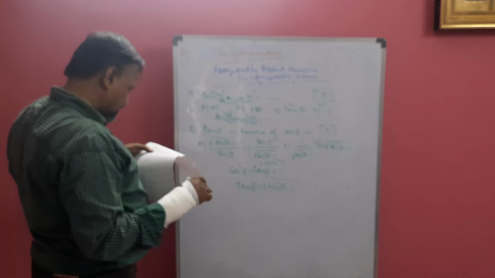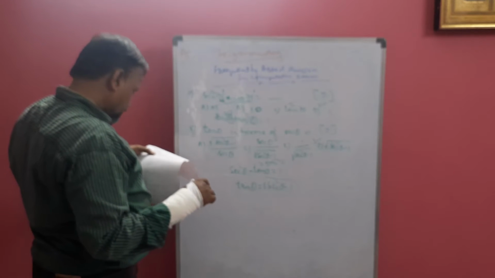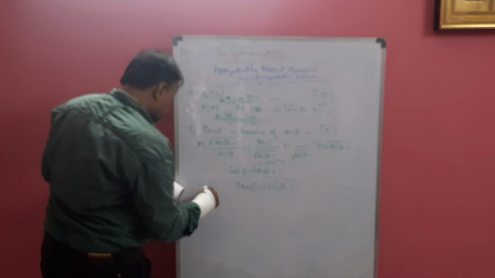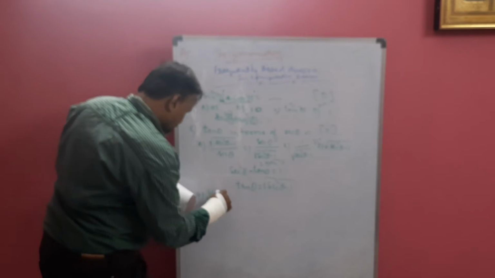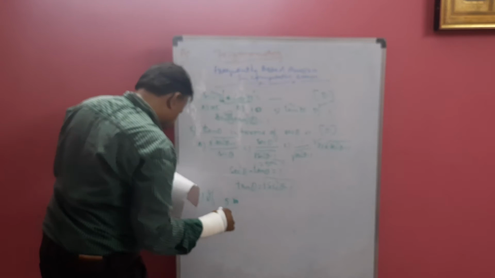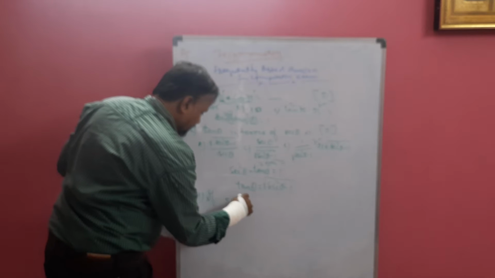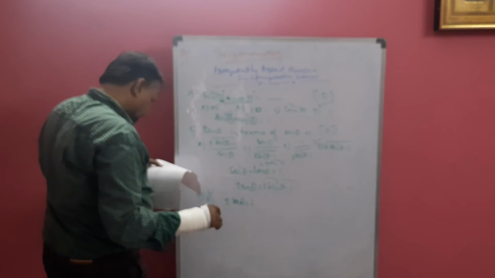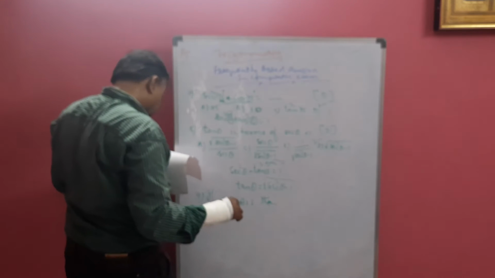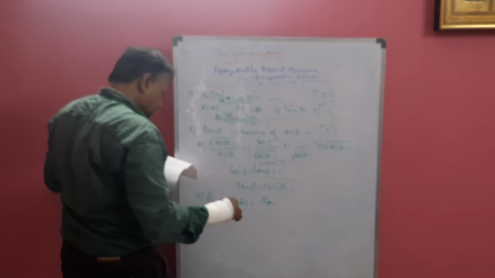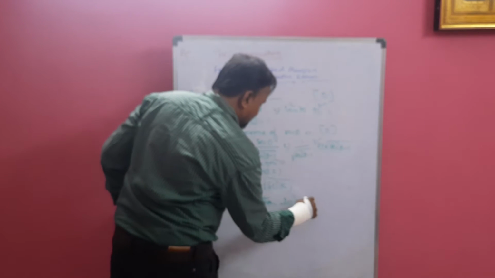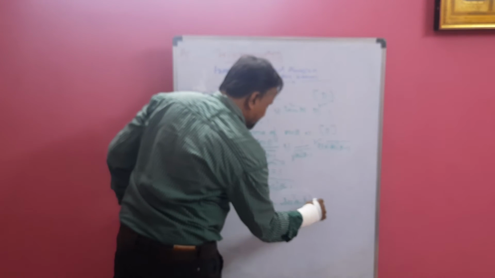Now, if 5 sin A equals 3, then sec square A minus tan square A is dash.